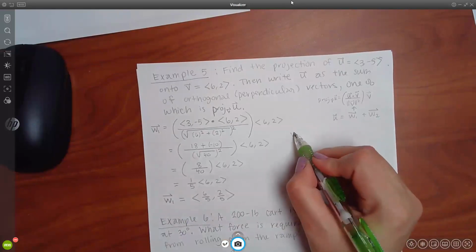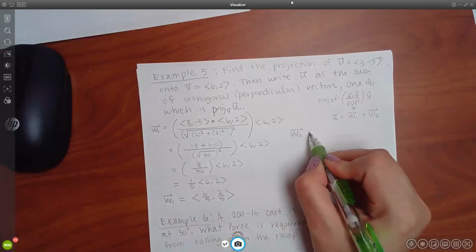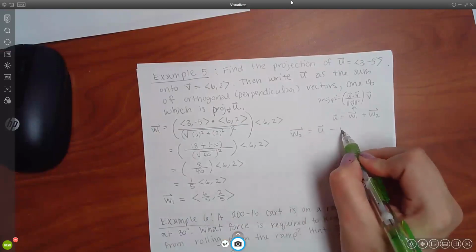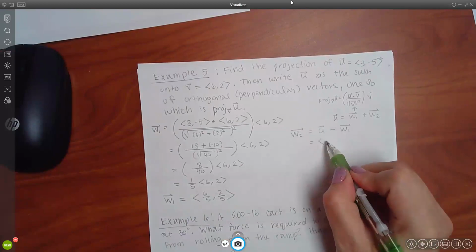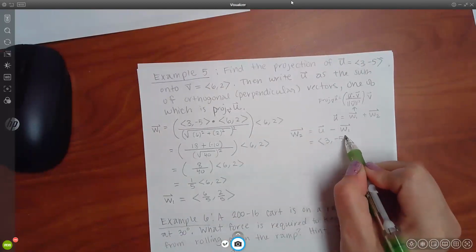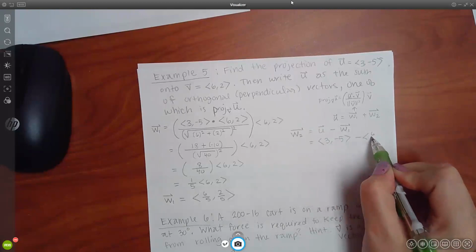If I want to find W2, I'm going to take U minus W1. And so what was U? U was 3 and -5. And W1 is these fractions.